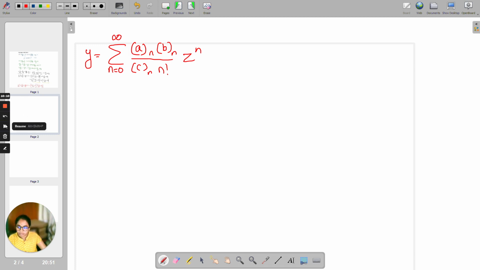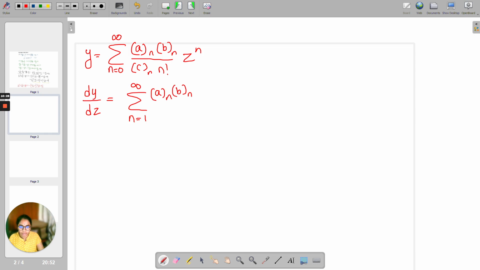So what would y dash? That is dy by dz, right? So that would be summation n is equal to 1 to infinity, an, bn. It's because you're differentiating, it becomes 1. Okay, n factorial. Now differentiating with respect to z, so you would get n into z to the power n minus 1. Okay, what is z into dy by dz?